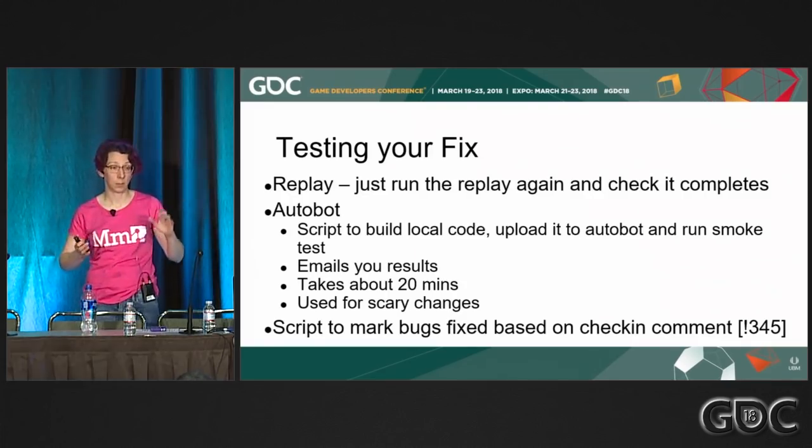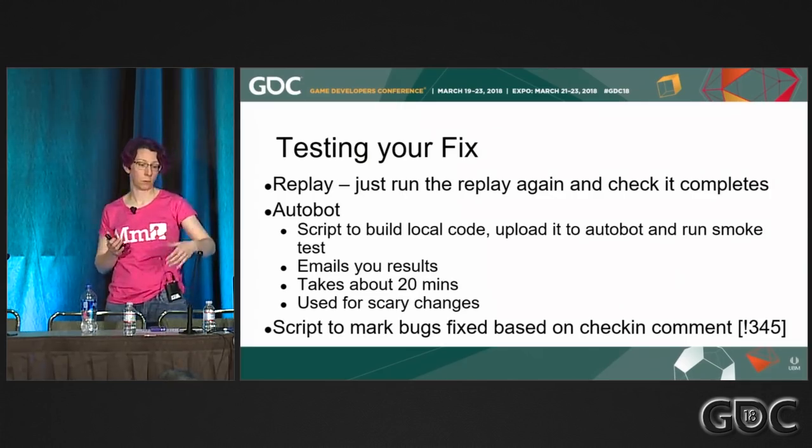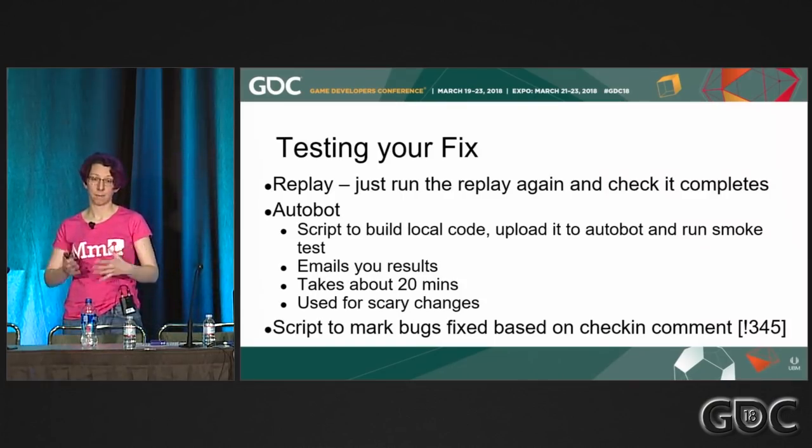So we've just got a script that parses the perforce check-in comments after every successful build, and if there is a comment of the form with the exclamation mark and then a number, that means I fixed that bug number, and it will go off to Jira, check that that bug is in the in progress state.